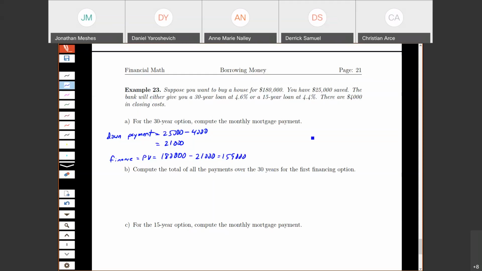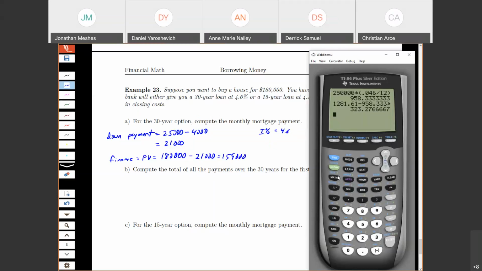I'm going to just use my calculator then. The interest percent is 4.6. So let's use our finance app to compute the monthly payment. Here we have 12 times 30, 4.6% interest, we're borrowing 159,000.